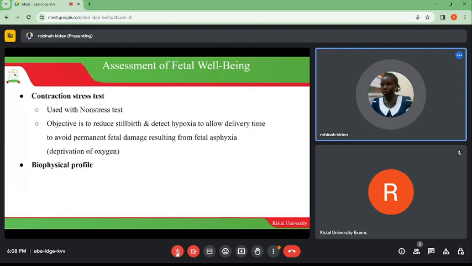Then another test is the biophysical profile. So these are the tests that can be done to assess the well-being of the fetus.